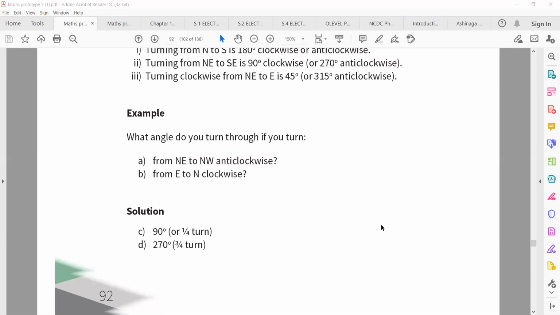Is that true? May I please repeat the question? Okay, I was asking, when we are turning from the northeast to the southeast anti-clockwise, which angle do we expect to obtain?